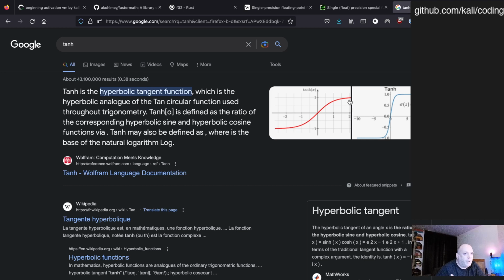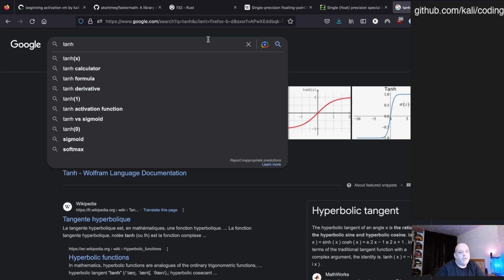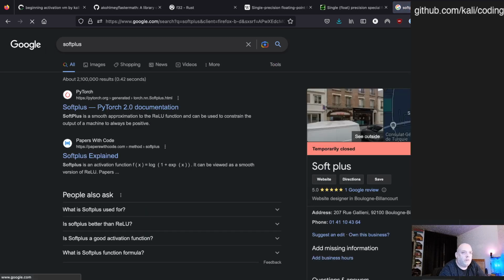But apart from that, it's super close functions. I mean, there is an affine transformation that goes from sigmoid to tanh. Soft plus. Super. C'est quoi ça?